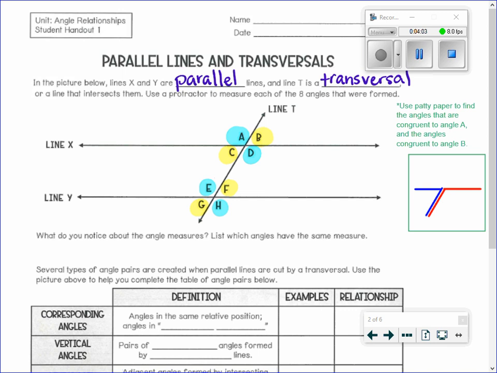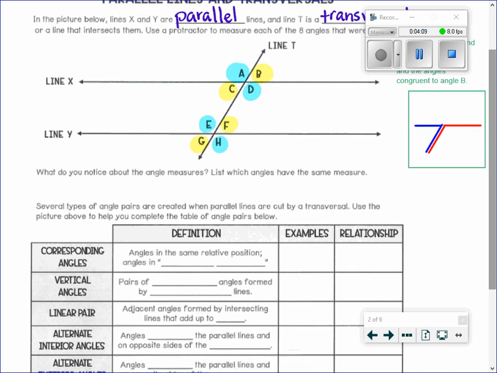So what we notice is we could say angle A matches angle D, angle E, and angle H. They're the same, and they're all obtuse.